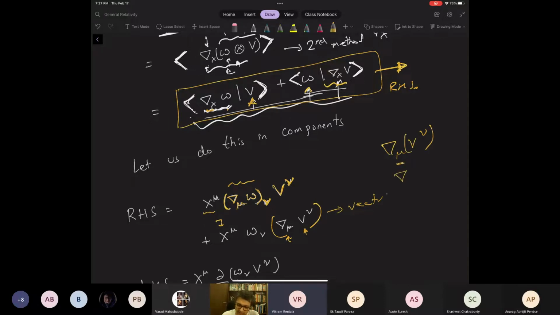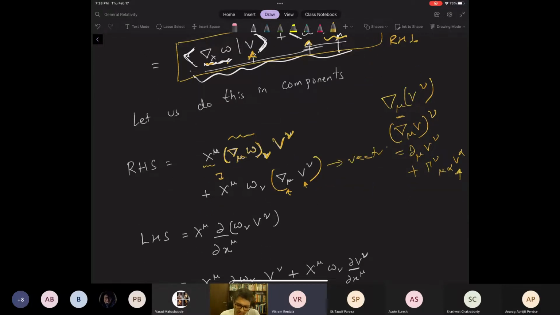What we really mean is that del mu on v is a vector. Find the nu-th component of that vector. In components, we had already seen that it's something like this, plus gamma nu mu alpha v alpha. So it involves the sum over all components of v, not just in the nu direction.